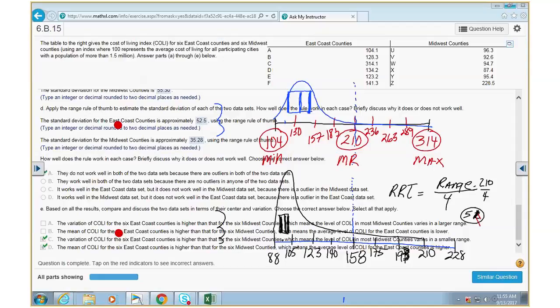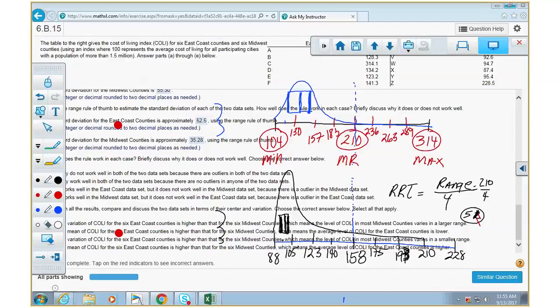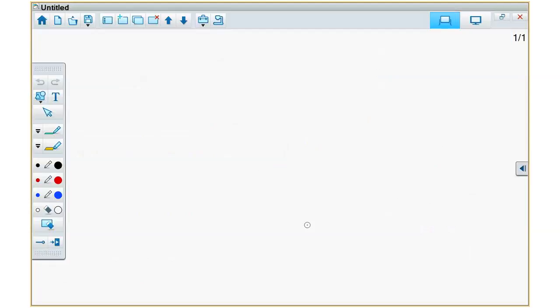All right, so what you do is you take your handy dandy whiteboard. And for the first group, what's your mean? Somebody give me the mean for the first group. 158.